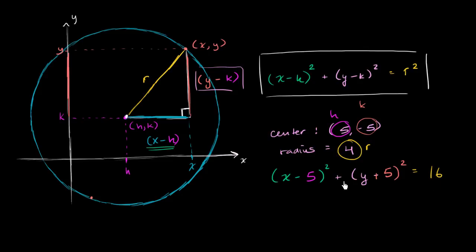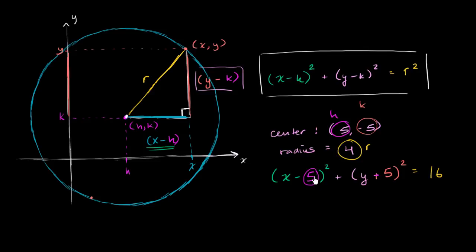On the other hand, if someone gave you this as the equation of the circle, you know that the center is going to be at x equals 5, and since this is a plus, y equals negative 5. So the center is going to be at 5, negative 5.